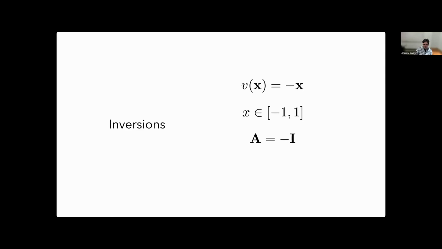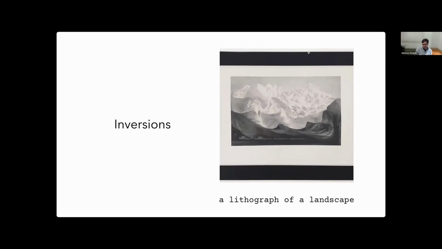In that case, our transformation is a very simple function, which could be represented as the identity matrix negated, and it satisfies the properties we need. And so we can use this to create illusions where we end up flipping the color, the intensity of the pixels.